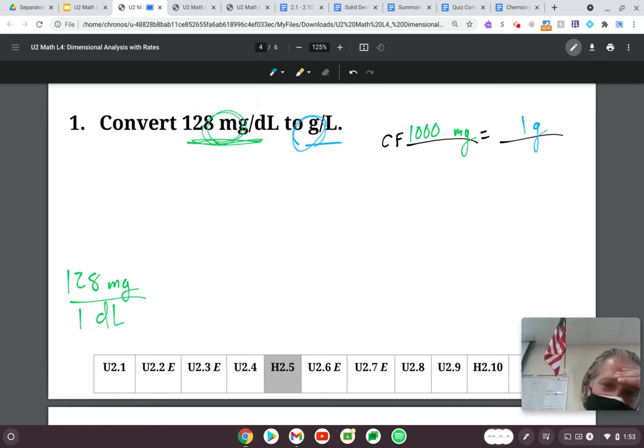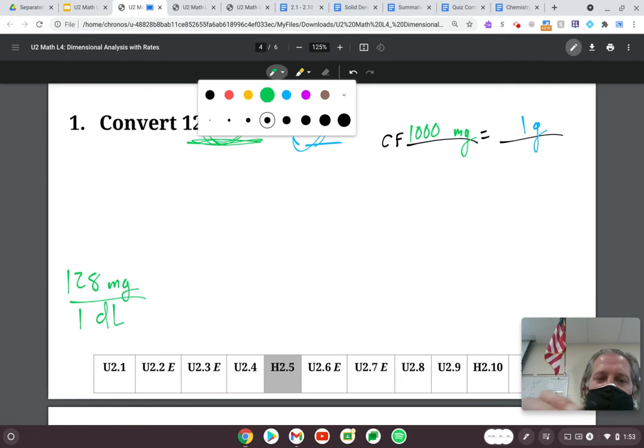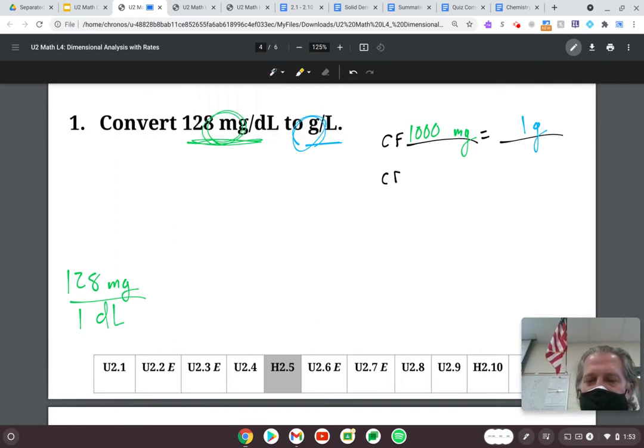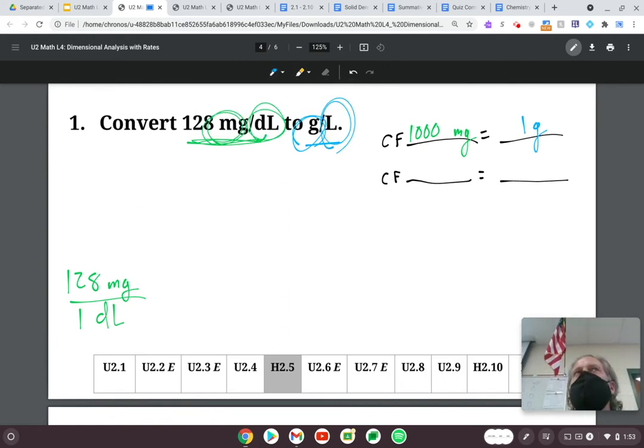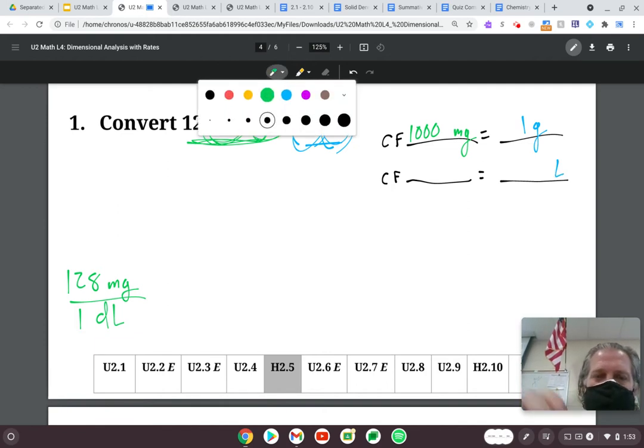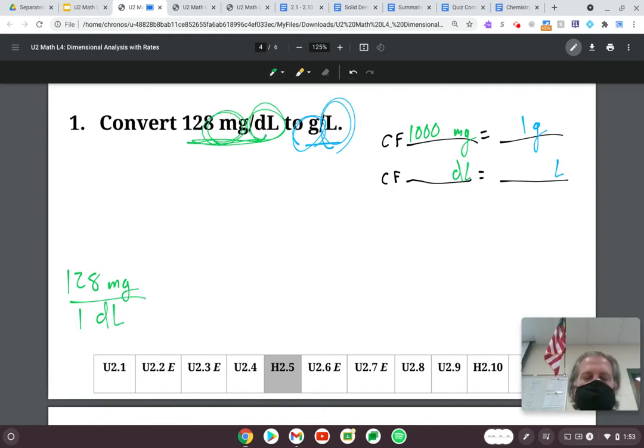And then the next relationship or conversion factor that we're going to have to set up is between the other unit in the problem, which in this case is deciliters and liters. So I'm going to be looking at the relationship between liters and deciliters.